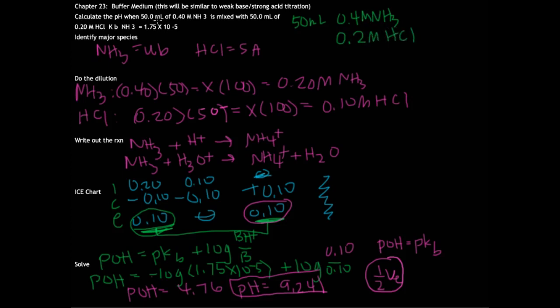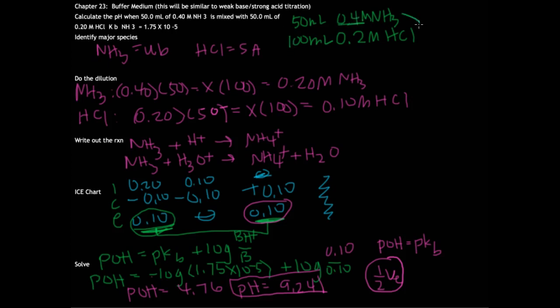So without doing any math, the base is twice the concentration of the acid. So if I have 50 milliliters of base and it's more concentrated, I'm going to need more acid to help neutralize it. Specifically, the equivalence volume should be 100 milliliters of the acid to completely and perfectly neutralize the 50 milliliters of the base. Again, the base is double the concentration of the acid, and you have 50 milliliters of it, so we're going to need double the volume of the acid to neutralize that highly concentrated base.